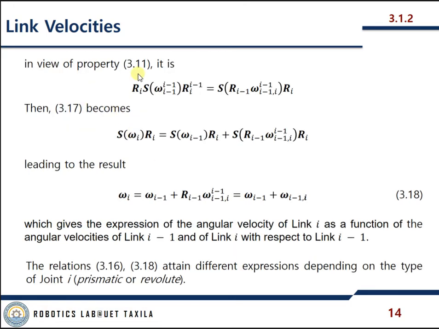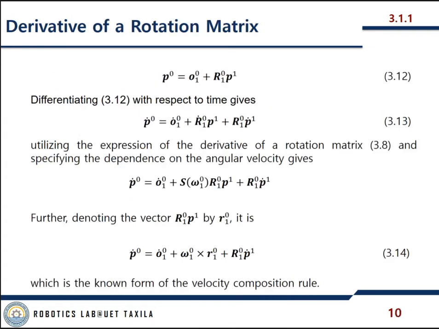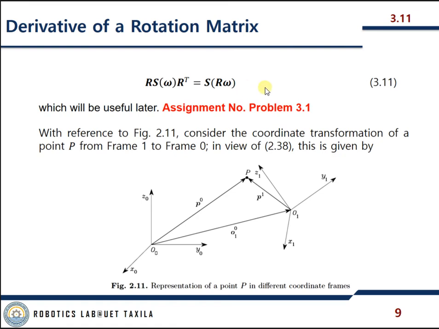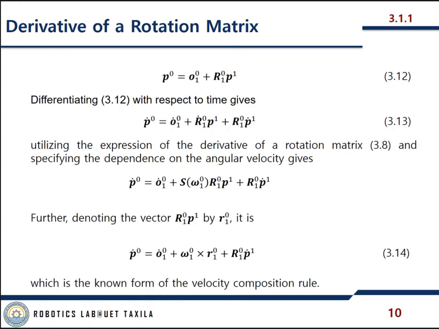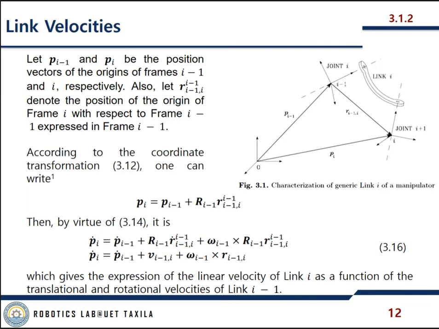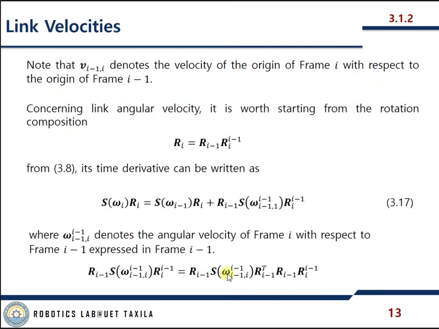In view of property 3.11, which we discussed here, if there is something like S with R transpose, and before that there is R, we can simplify it in this form. So let's use this property over here, because there is R transpose, and before that there is R clearly.